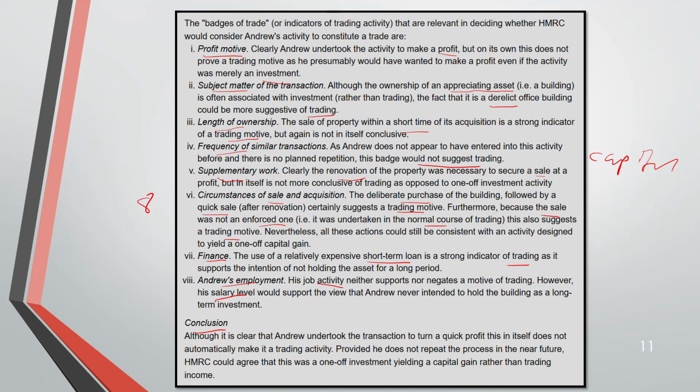So here, yes, he might have undertaken the transaction to turn a quick profit, but automatically you can't say it's a trading activity. So here he has to make sure that if he does not repeat this process in the near future, then it's a one-off investment. So this is open-ended. You are not saying it's a capital gain or a trading gain. You are saying if this happens, it could be a one-off investment.